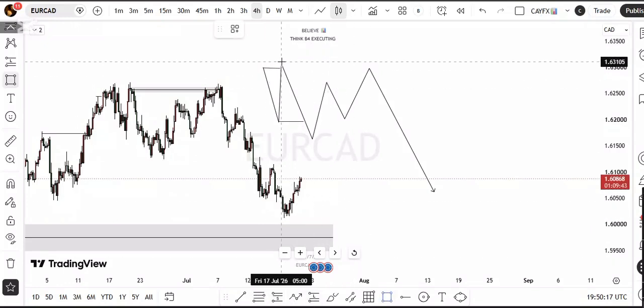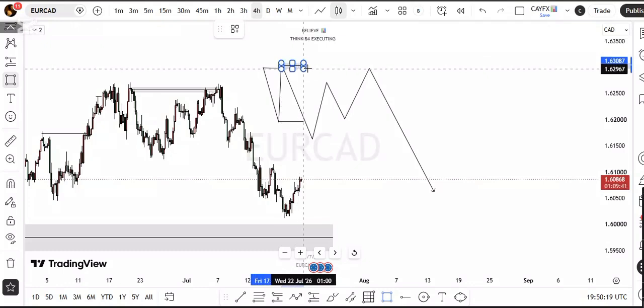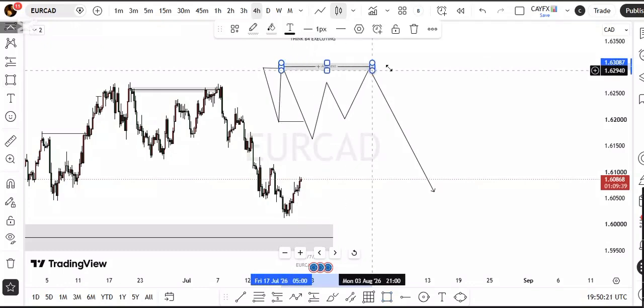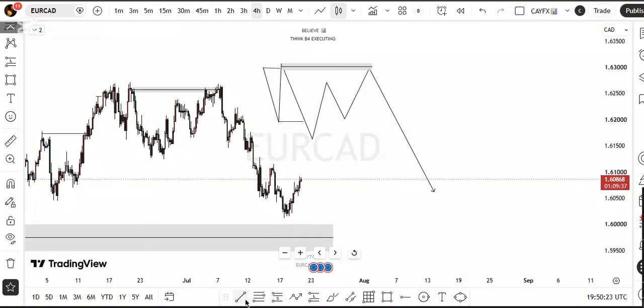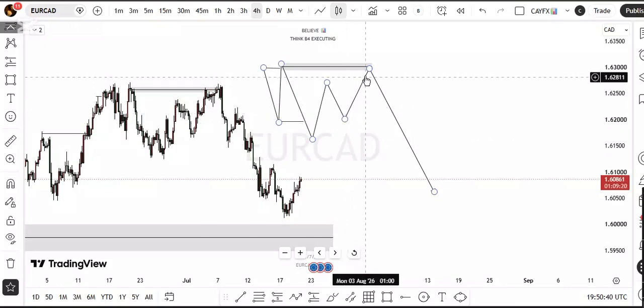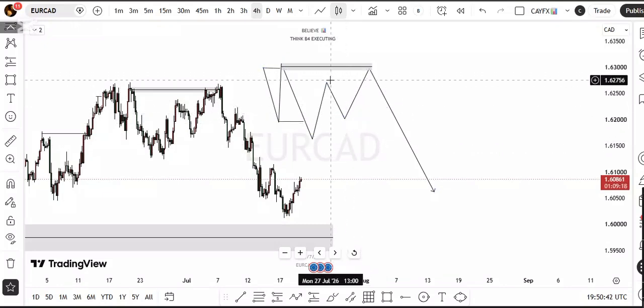My POI, a valid unmitigated POI. Now what happened is the market did what? It gave an impulsive move and had to pull back, came down again, did not break the structure. So it came back again to tap on this.